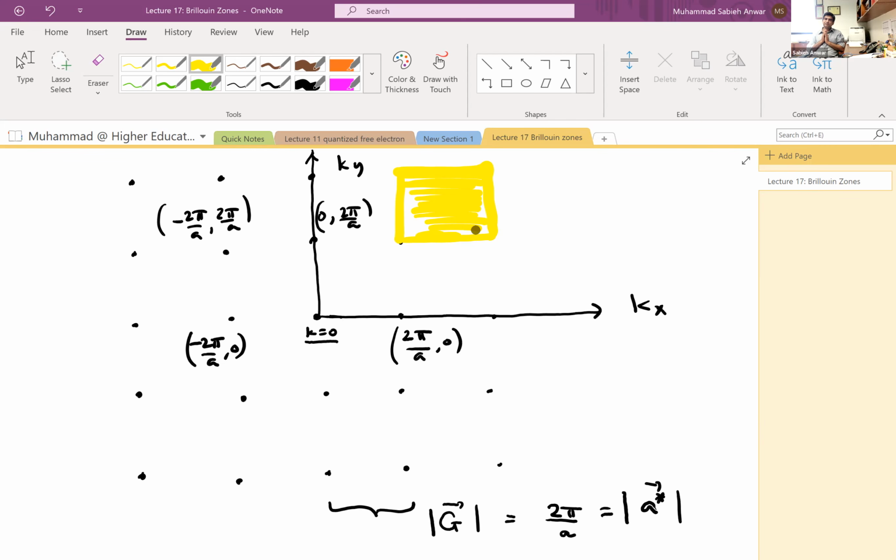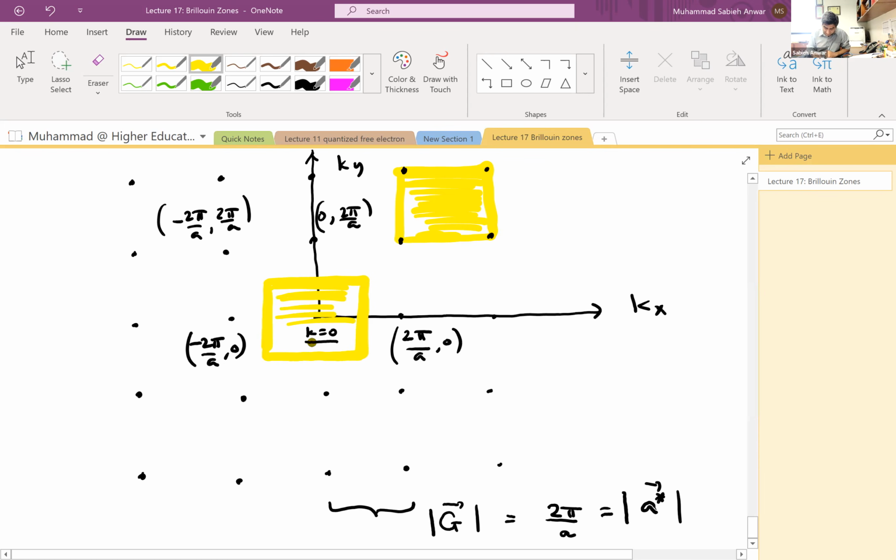But the point is that the origin of this Brillouin zone is not at k equals 0. So if I draw this unit cell here, then it's symmetrically disposed about the k equals 0 point. This also qualifies as my first Brillouin zone.